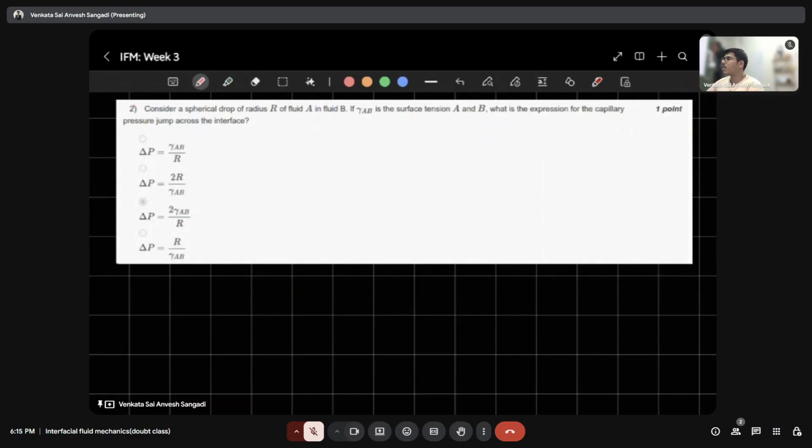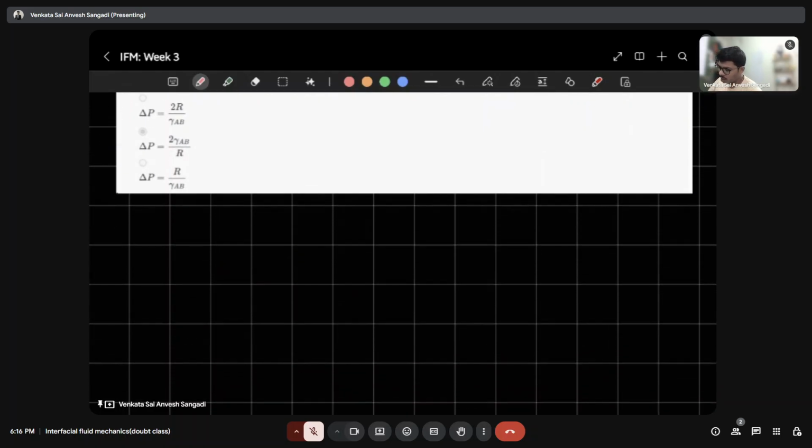The question says, consider a spherical drop of radius r of fluid A in fluid B. If gamma AB is the surface tension between A and B, what is the expression of the capillary pressure jump across the surface?